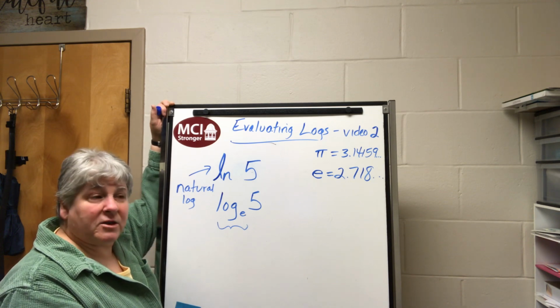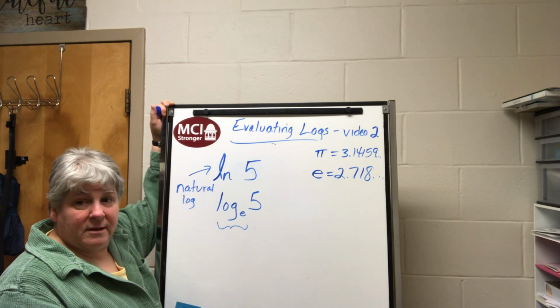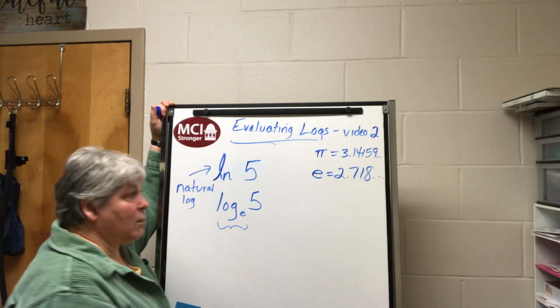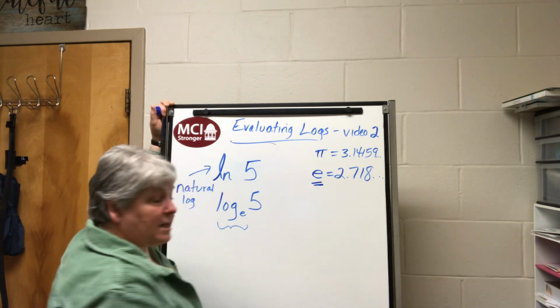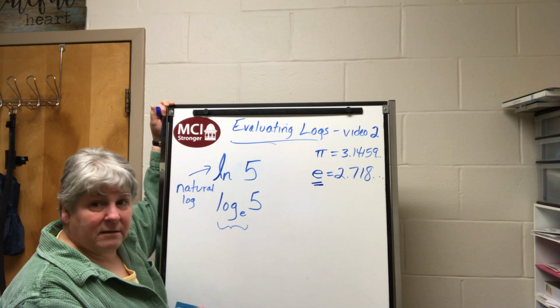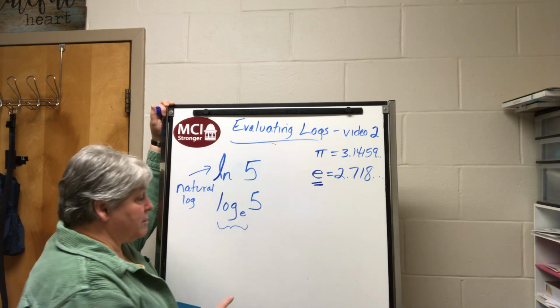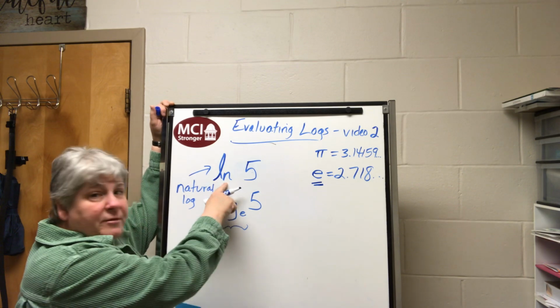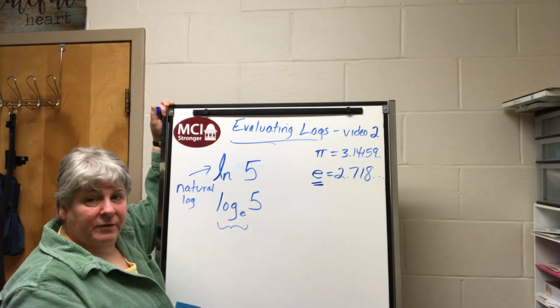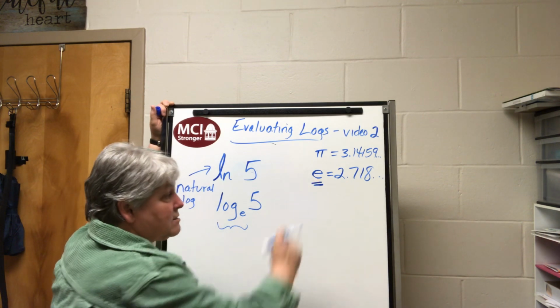This is not one I would be expected to evaluate by just thinking about it. Okay, so it is one, however, that your calculator is set up to do. Just like there's a log to base 10 key, L-O-G, on your scientific calculator, there is an ln key. You probably thought it was saying "in", but there is a natural log key on your calculator that can evaluate these kinds of logs.